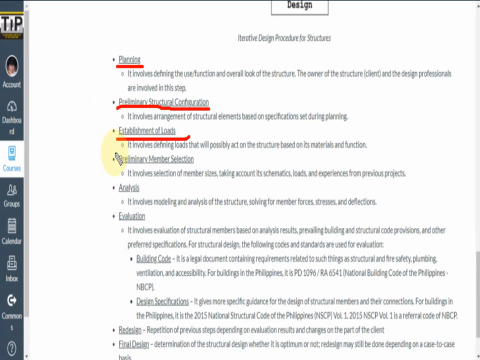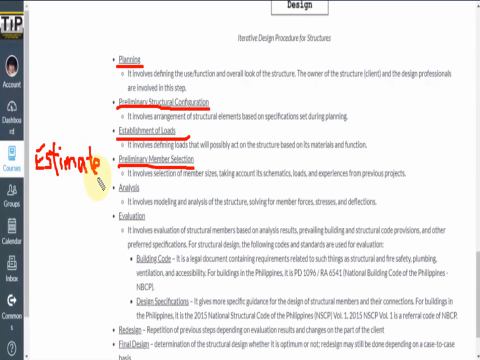After all this, you will now select your trial sections. So, preliminary member selection. Based on the loads and the configuration, together with the experiences from previous projects, you may estimate what should be the size of the members. For example, if based on the configuration and the loads you know that a column will carry more load than the others, then you will assume it will require a larger section.